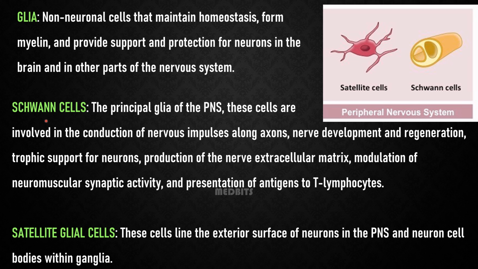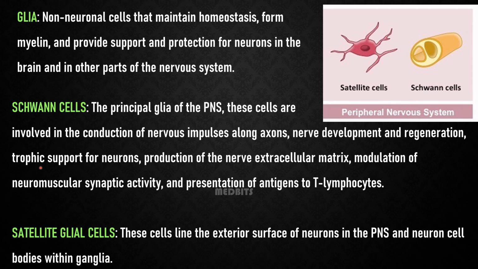Now coming to the next one, Schwann cells, the principal glia of the PNS. These cells are involved in the conduction of nervous impulses along axons, nerve development and regeneration.